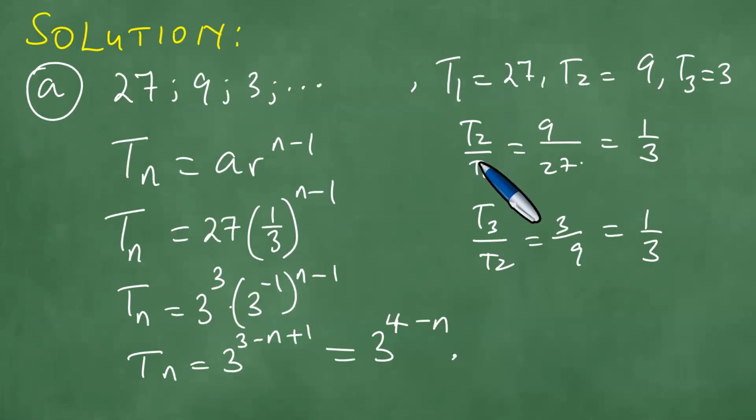You can see here, the constant ratio, obviously here, it is clear that the constant ratio is 1/3. Because T2 over T1 is 1/3, T3 on T2 is 1/3, and therefore, this is the constant ratio. The constant ratio is 1/3.